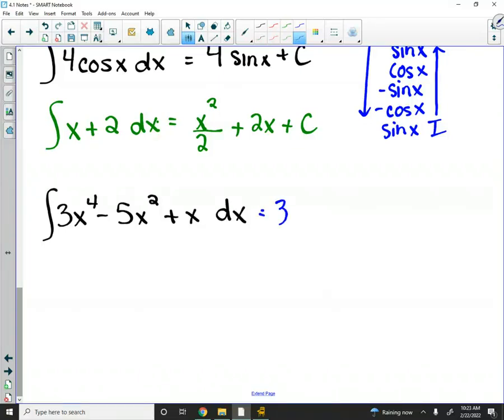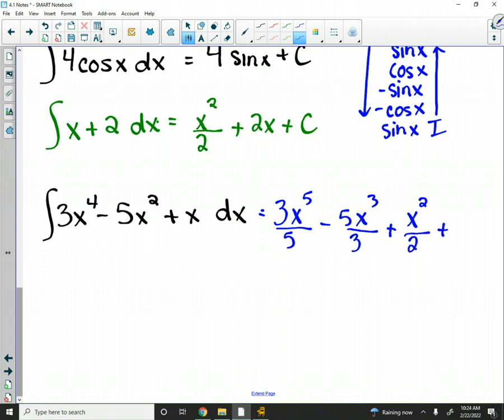That 3 tags along, add 1 to the power, divide by that power. Negative 5 tags along, add 1 to the power, divide by the power. And then x, add 1 to the power, divide by the power, plus c. And again, none of those numbers simplify. And again, you could derive that to see if you got back there if you wanted to double check your work.